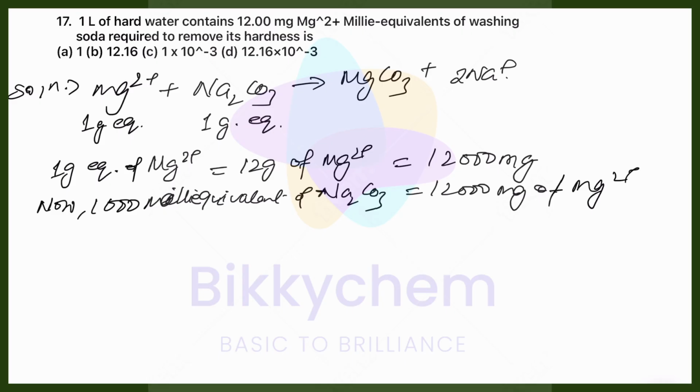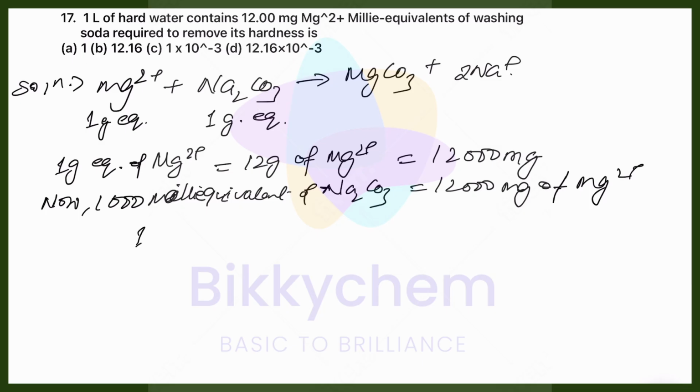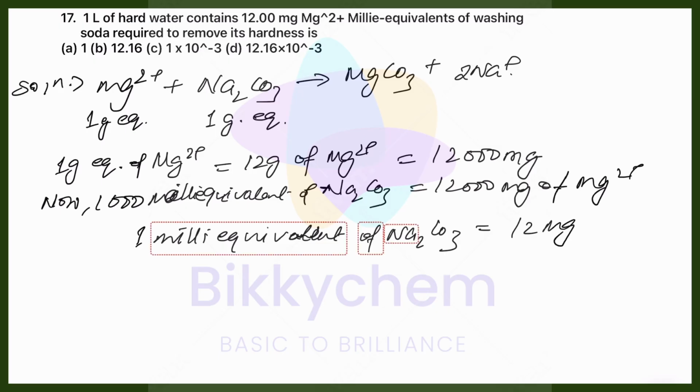So that means 1 milli equivalent of Na2CO3 is required for the 12 mg of Mg2 plus.